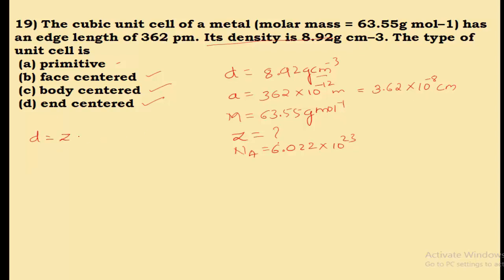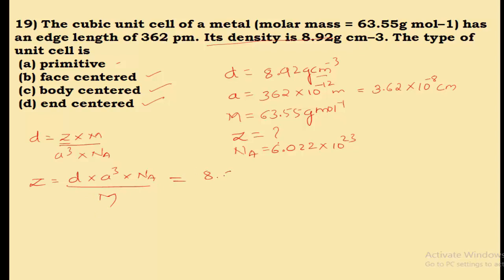Now use the formula. What is the formula? D is equal to Z into M divided by A cube into Na. What do you want? Z. So Z is equal to D into A cube into Na divided by M. So substitute the values. What is the value of D?